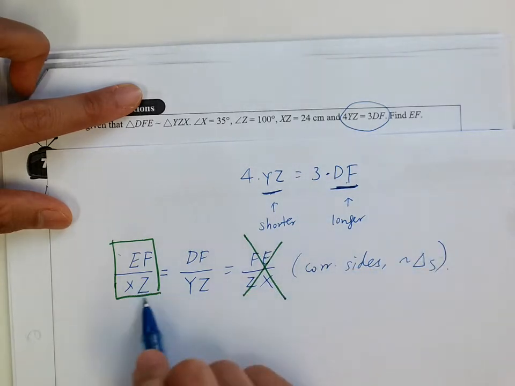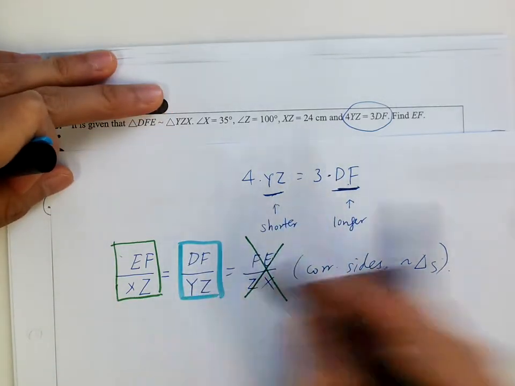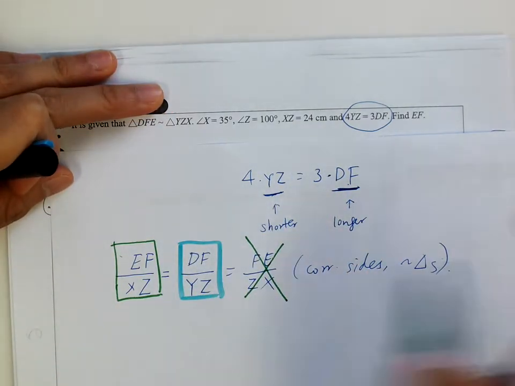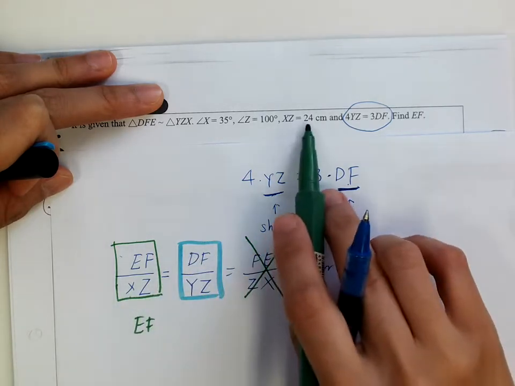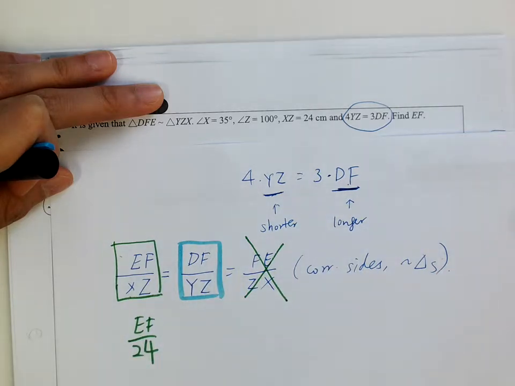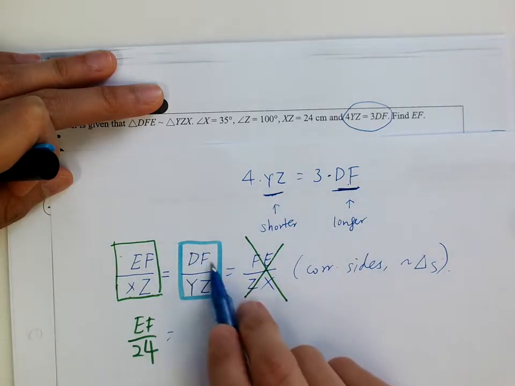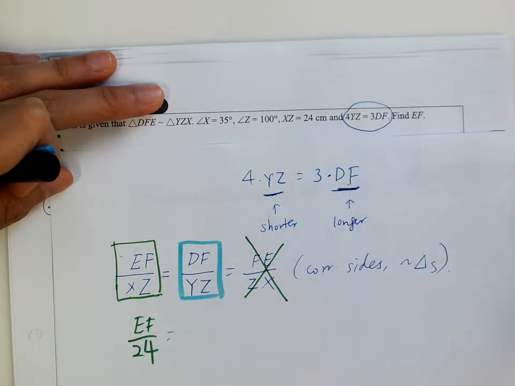So let's use these two. EF is what we are looking for, XZ is 24. We don't know the length of the others, but we can use this relationship to look for it.